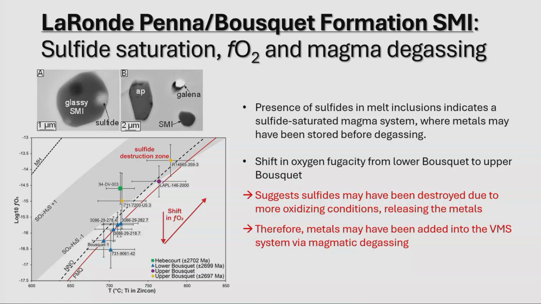So right now their interpretation considers a shift in oxygen fugacity from lower Bousquet to the upper Bousquet, and it suggests to them that sulfides may have been destroyed due to more oxidizing conditions and therefore releasing metals. And therefore metals may have been added to the VMS system via magmatic degassing, and that's the evidence that they're looking at.